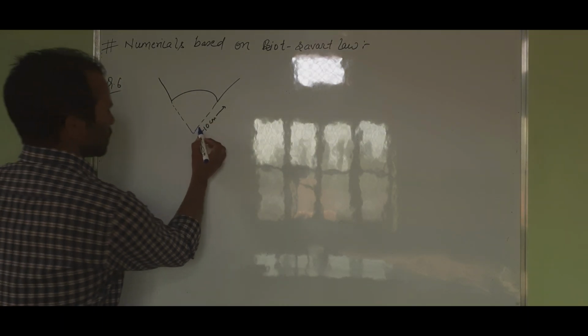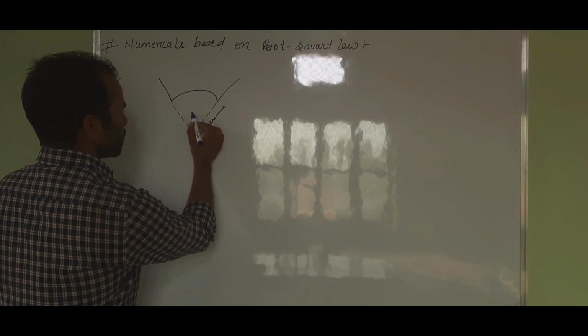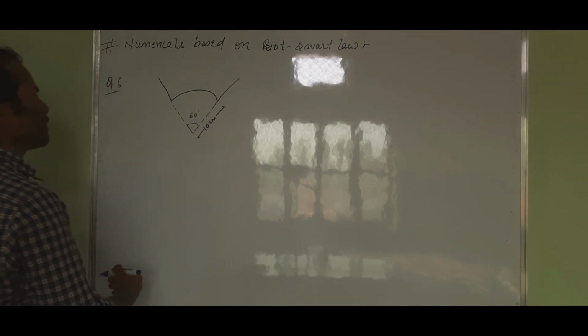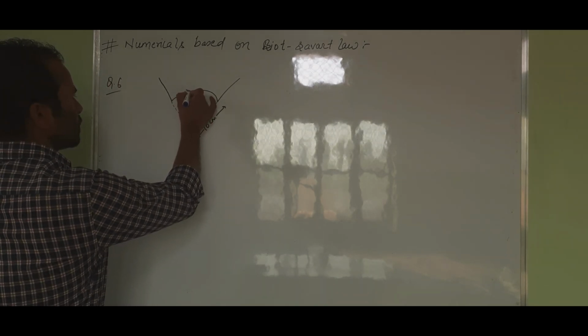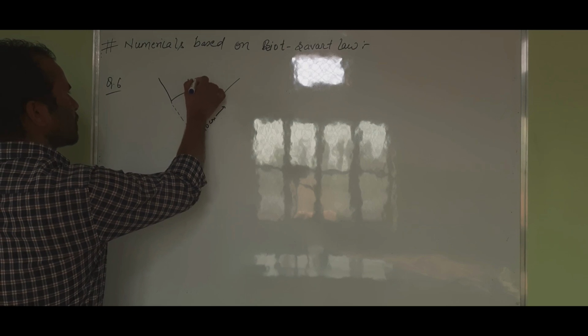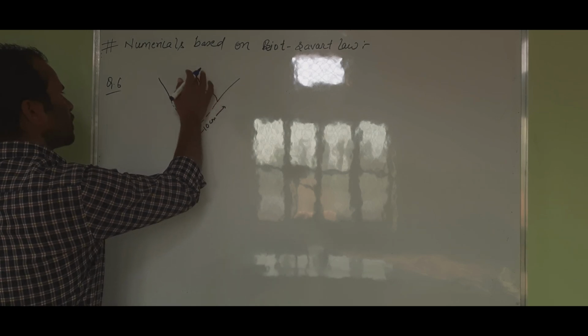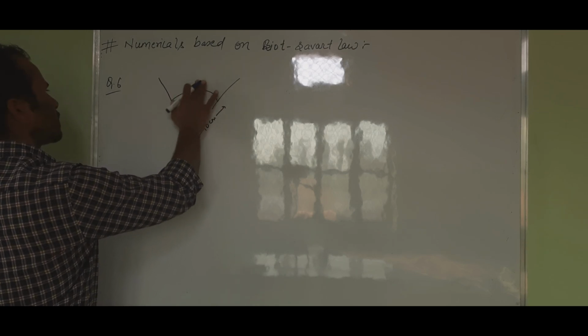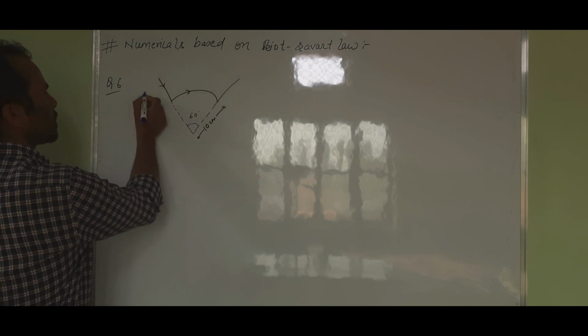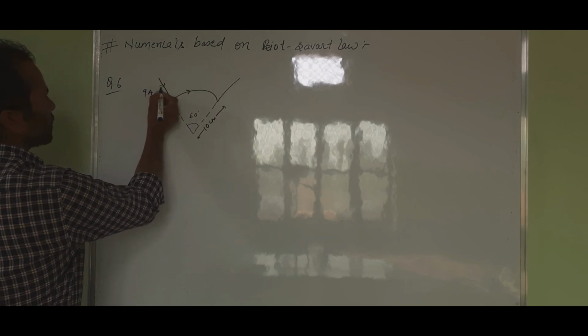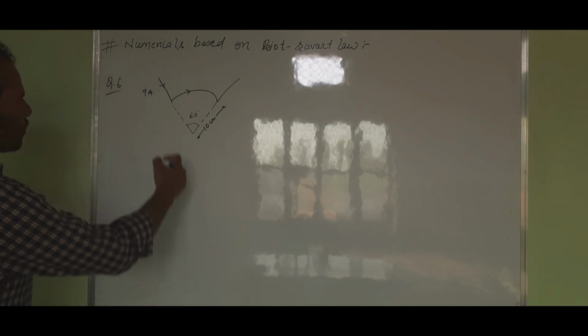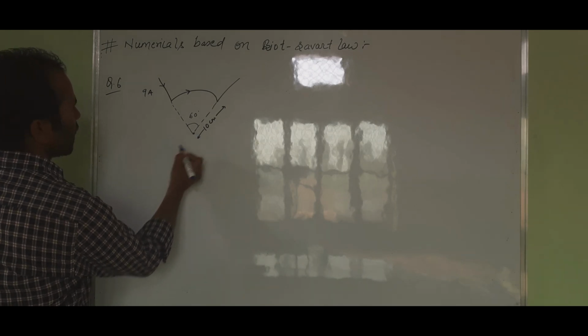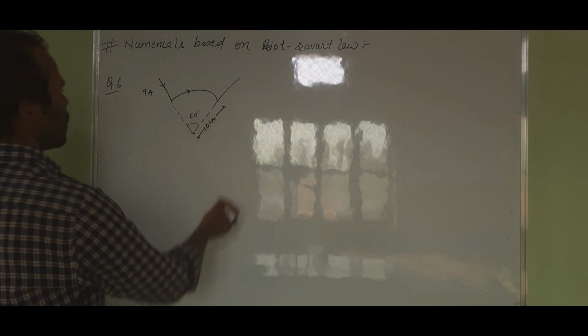The arc subtends an angle of 60 degree at the center, and a current of 9 amperes, as given in the question, is going through this arc. We have to find the magnetic field at this point due to this circular arc.